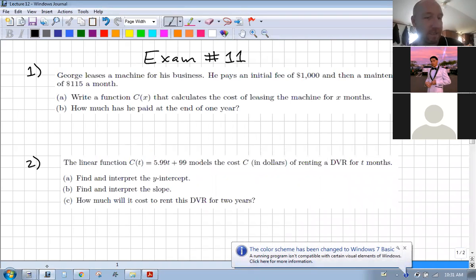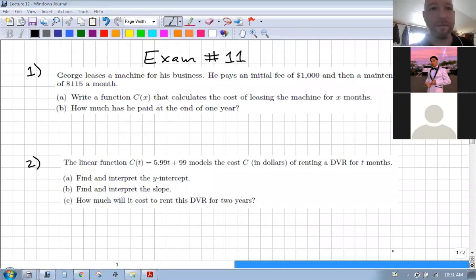All right, here's your last exam. Let's check it out. Number one, George leases a machine for his business. He pays an initial fee of $1,000 and then a maintenance cost of $115 a month. Okay, so A, write a function C of X that calculates the cost of leasing the machine for X months.